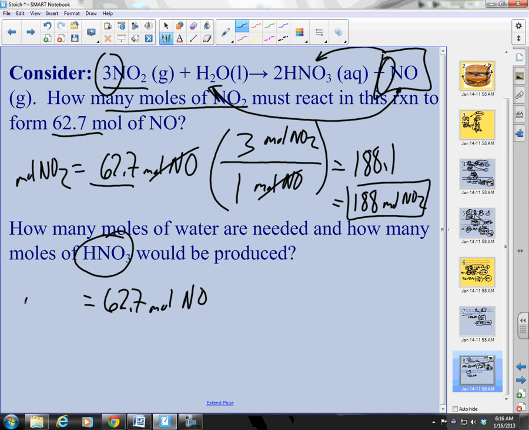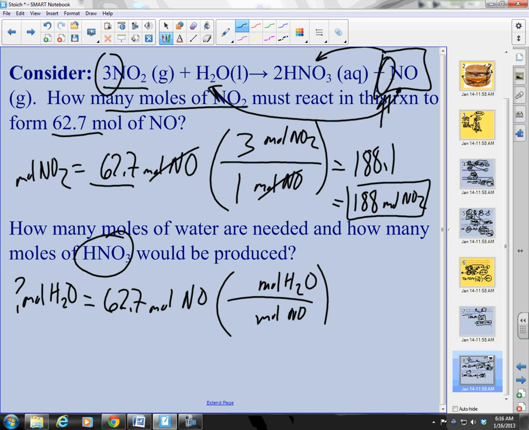Moles of water. That means I'm going to multiply this by moles of water over moles of NO. I look at my equation. Moles of NO is a 1. Moles of water is a 1. So I have a 1-to-1 mole ratio. Piece of cake. I can do this with my abacus. 62.7 moles of H2O. Great.